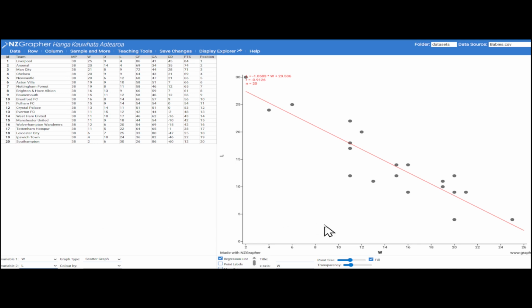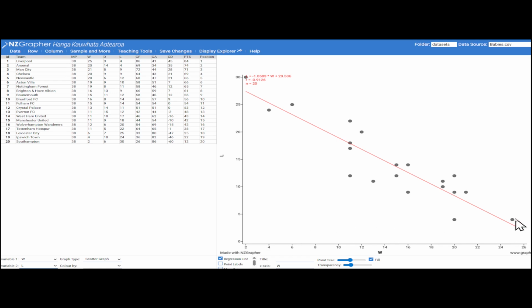And again, we see this negative correlation, which kind of makes sense. So that tells us that if you win lots of games, you'll also lose not many games. And right up here is Southampton. Southampton lost a lot of games. This is the y-axis, and they didn't win many at all.